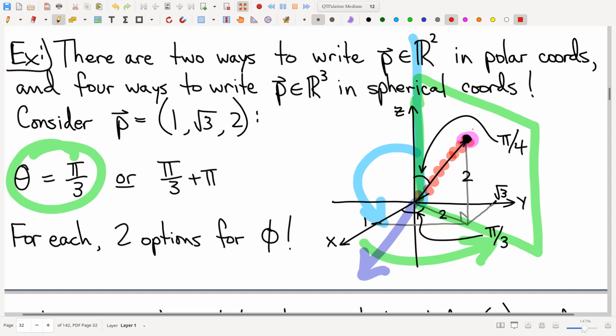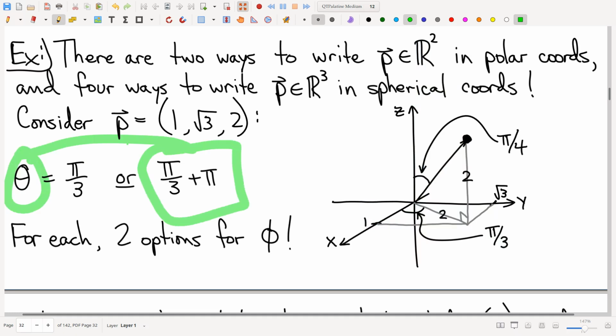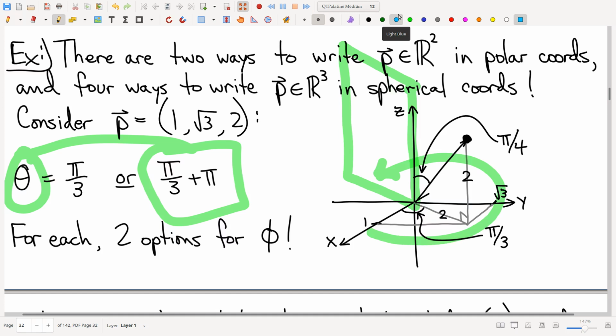Now it turns out there's another 2 possibilities, and those are based on the other option for theta. Instead of using this half plane, I could look at the half plane on the wrong side, if you will. Go an extra half turn. With that being the case, notice again we have a couple of different options.